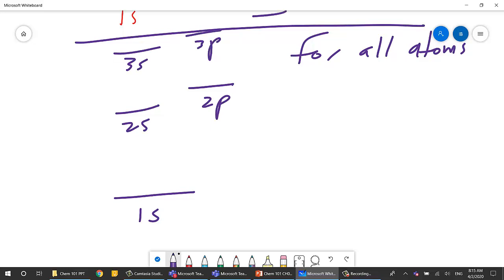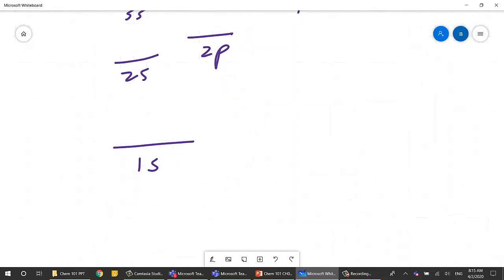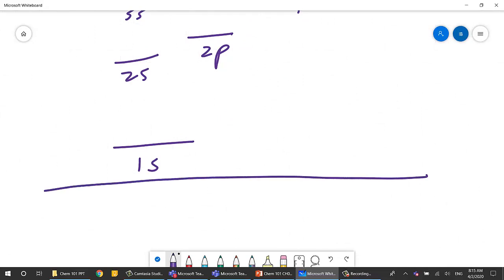So you will get this difference in energies as the slide shows. This is because of penetration and shielding. And that's why you have this electronic configuration that starts with 1s and then 2s, 2p, 3s, 3p, 4s, and so on. Okay?